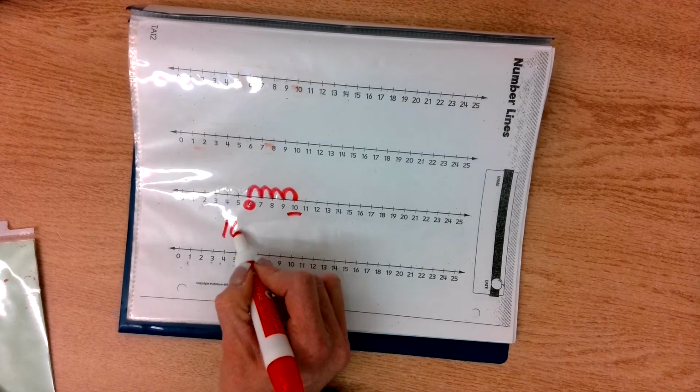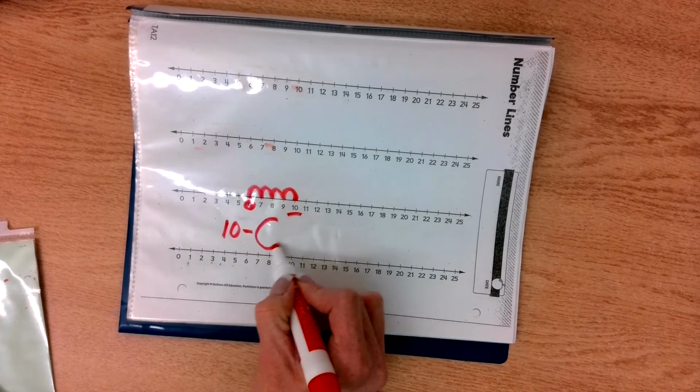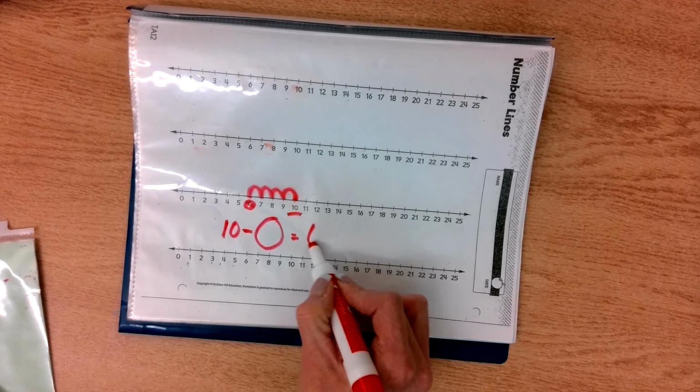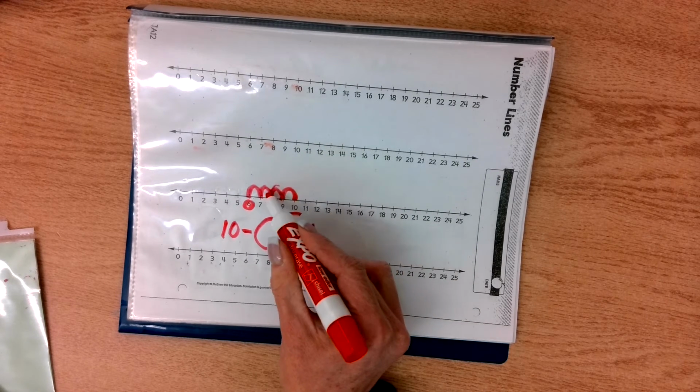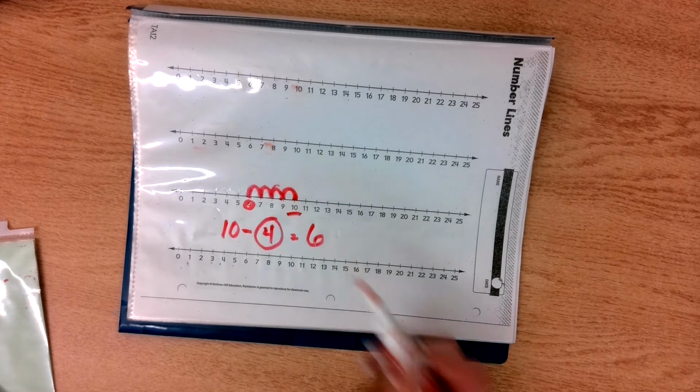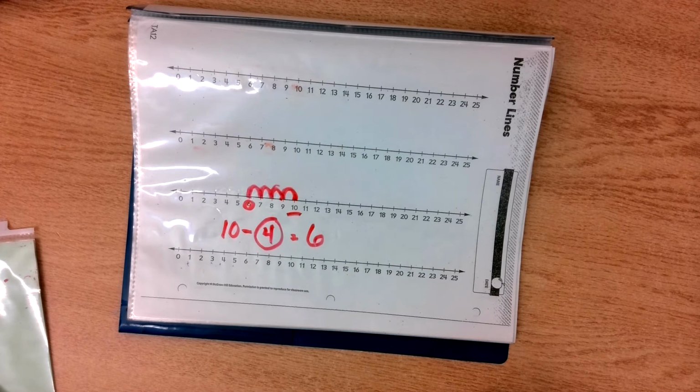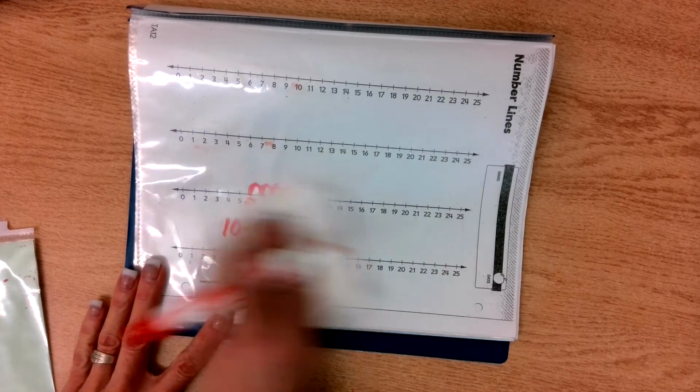So 10 minus something equals 6. How many hops did we do? 4. Make sense? It's tricky. I understand it's tricky. You just have to do what they say.